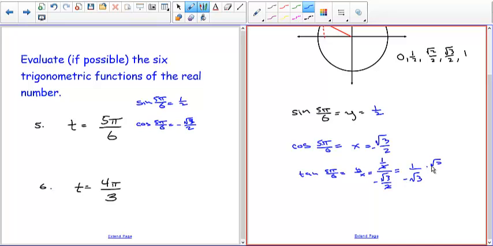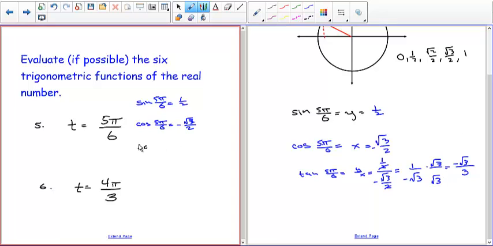If you multiply and divide by the square root of 3, you get the square root of 3 over 3 with the negative sign. So that negative sign stays. Square root of 3 times the square root of 3 is 3. So the answer is the tangent of 5 pi over 6 is equal to negative the square root of 3 over 3.